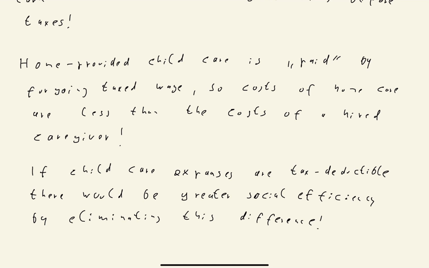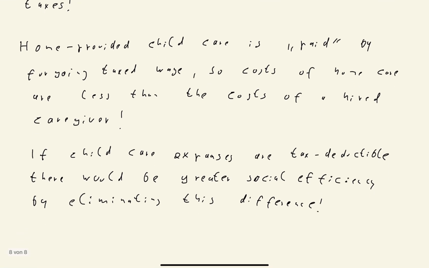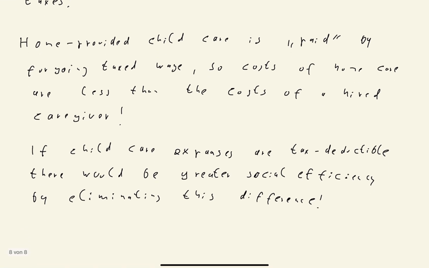And if there would be a system where you could deduct childcare expenses from the tax, you would decrease this difference because the double taxation problem would be decreased, because you do not have to pay for the gross salary of the caregiver, since you can deduct this from your gross income, which will be used to determine your actual taxable income.